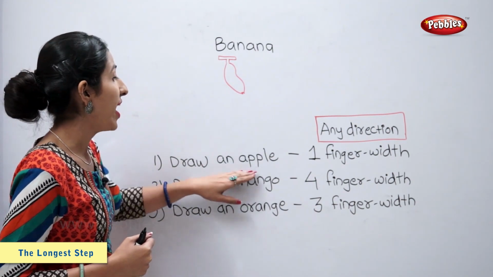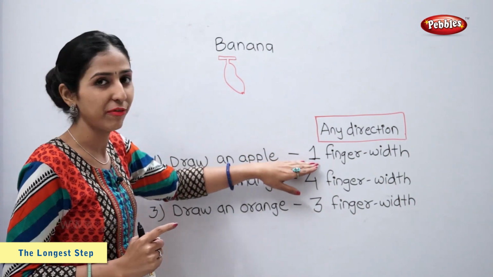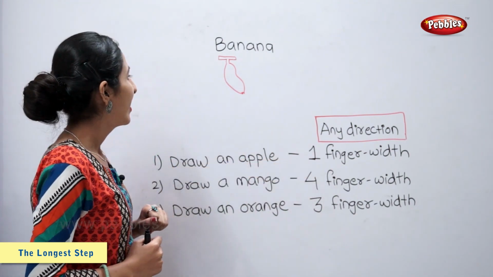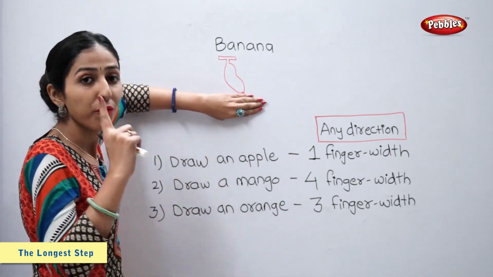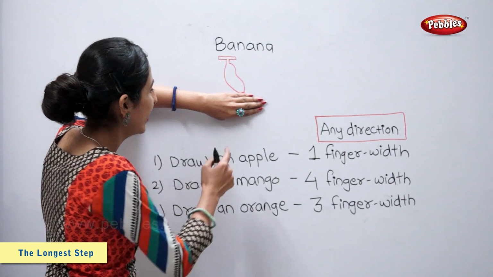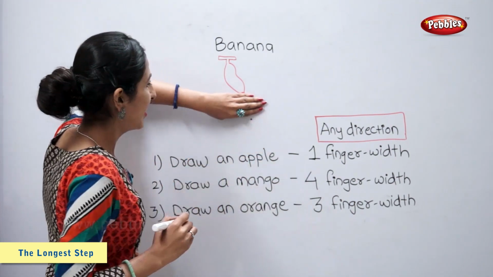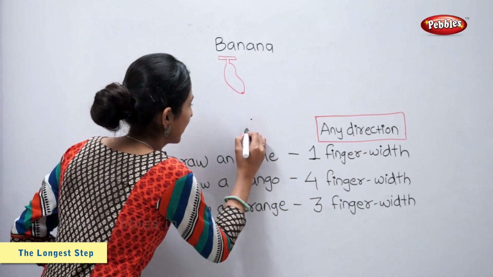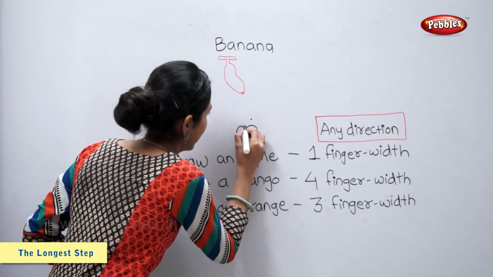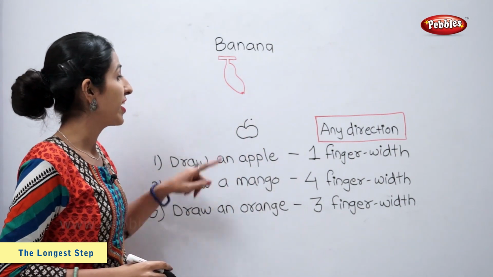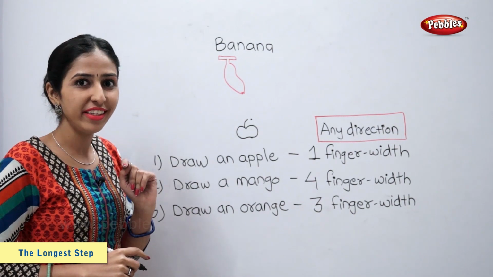First is an apple at a distance of 1 finger width. An apple at a distance of 1 finger width.